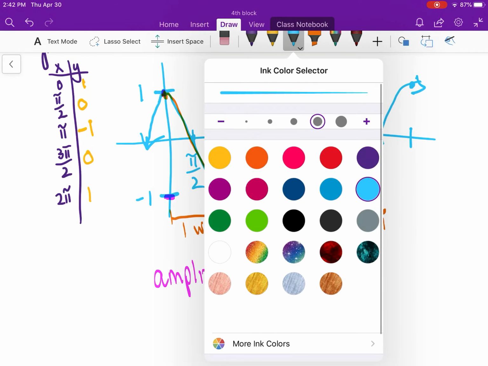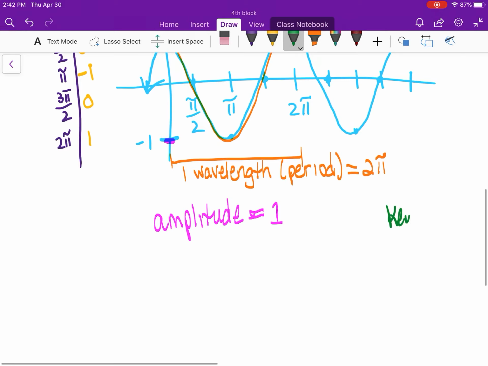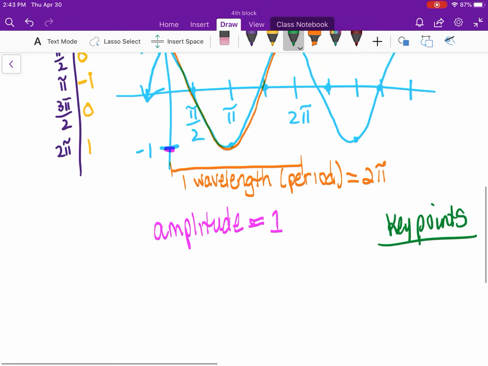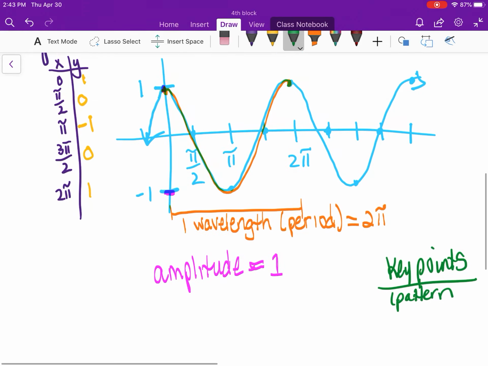All right, then our key points again. Okay, and this is just our pattern. Every time we graph a cosine graph, we know our first point is going to be a maximum.